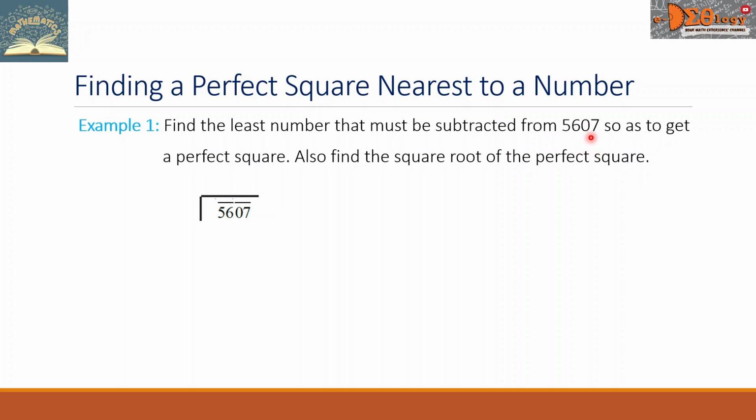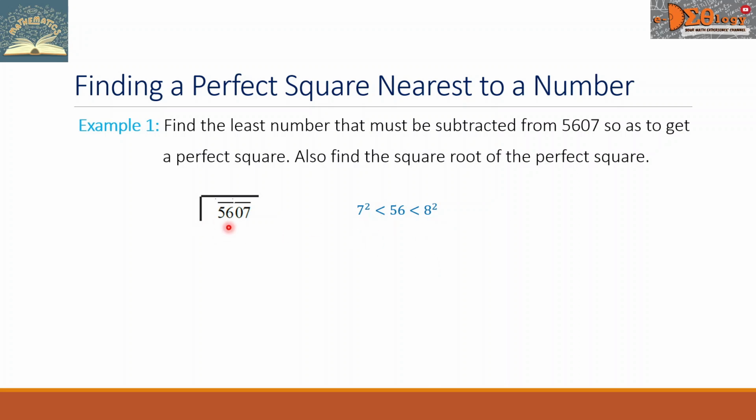We write the 5,607 here, then we will do the division method. We put the bars on the 07, another bar for the number 56. Then we take the square root of 56. Remember that 56 is between 7 square, which is 49, and 8 square, which is 64.